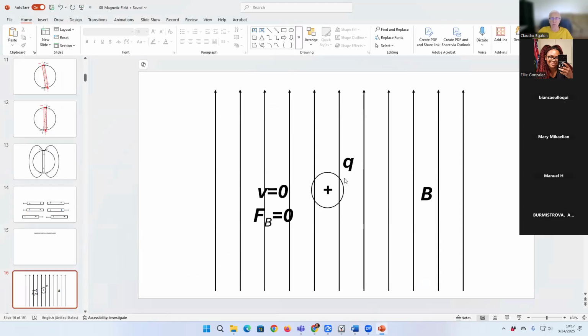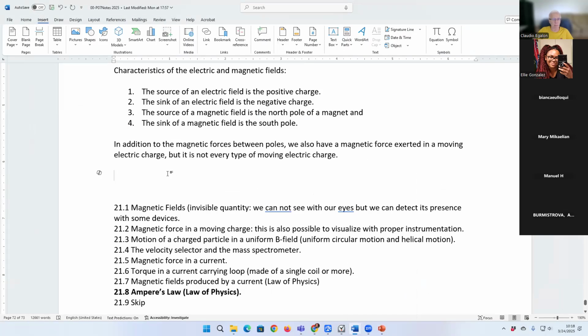If a charge is at rest, what do we observe experimentally? We can consider that a law of physics as well. I'll say the fifth law of physics. If an electric charge is at rest in a magnetic field, the magnetic force is zero. Remember that?